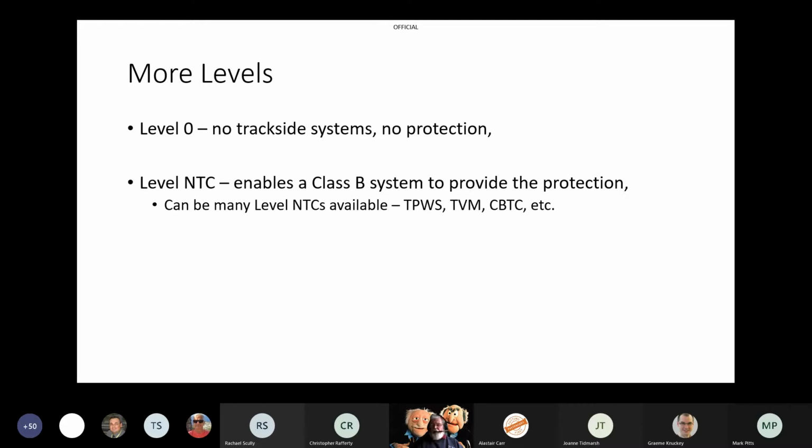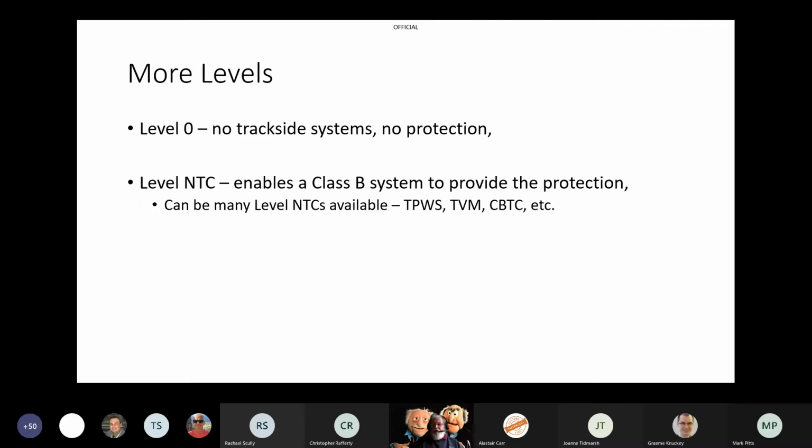And the last level is NTC, National Train Control, and this enables a Class B system. So ETCS is known as Class A. It is the gold standard. Class B is everything else. And there can be more than one Class B system installed on a train or on a trackside.